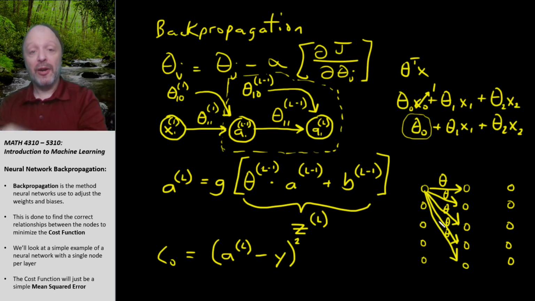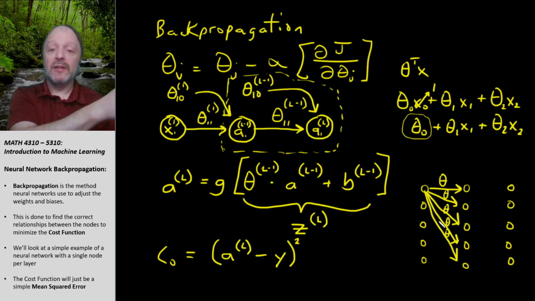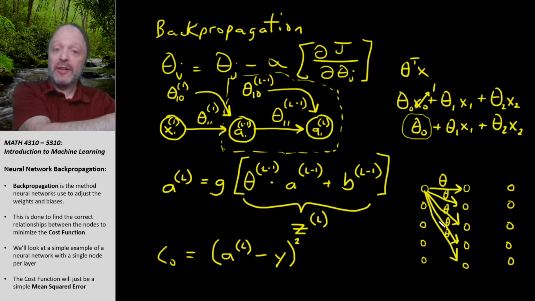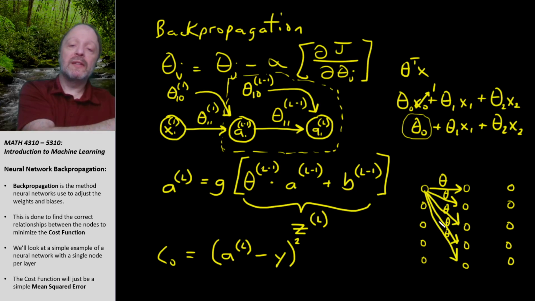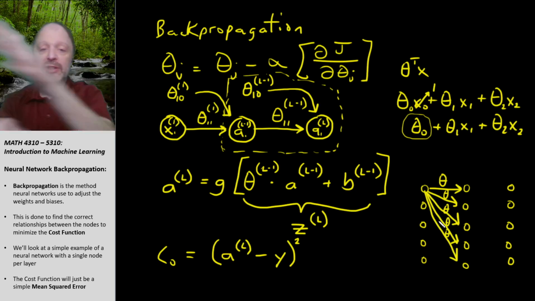Once we get there, we go backwards to the next layer. And so we propagate these changes to our parameters and our biases backwards. So you have your inputs for the neural network. It feeds forward, makes a guess, and then it feeds all the way back, making adjustments to the theta parameters. And then it makes another guess, and then it adjusts again.